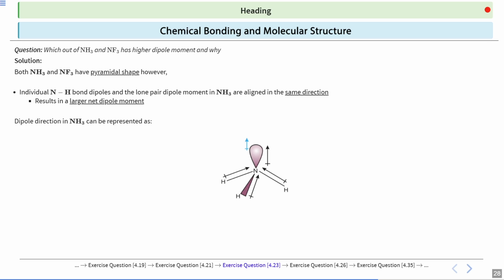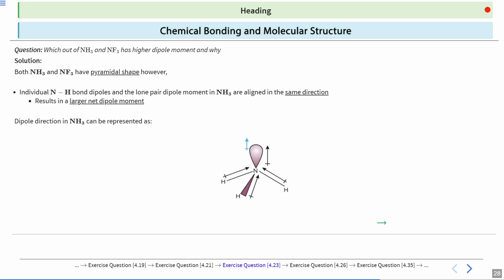Out of nitrogen and the lone pair, the lone pair is the most electronegative, so the lone pair will also have an upward dipole moment. All of these indicate an upward dipole moment. So the three N-H dipoles add together along with the lone pair, resulting in an upward dipole moment. In ammonia all the dipole moments approach in the same direction, and therefore NH3 has a higher resultant dipole moment.